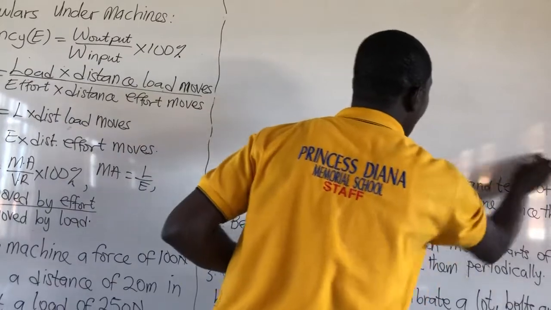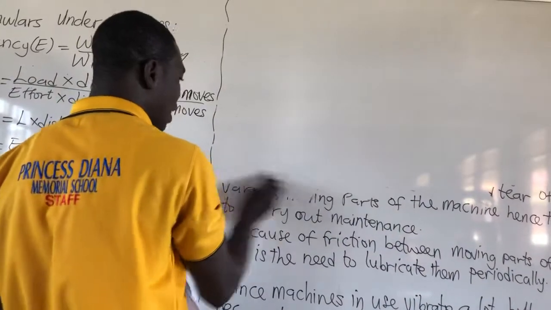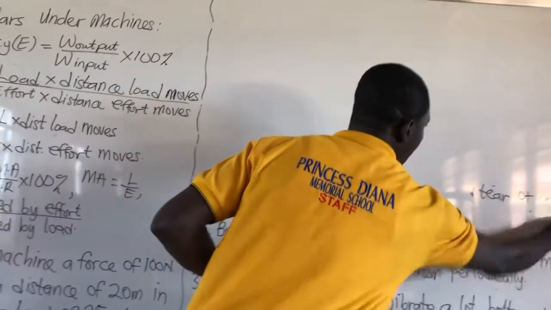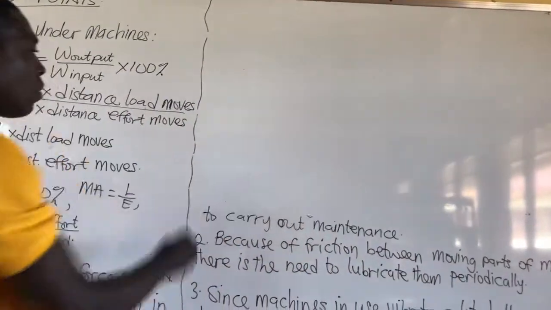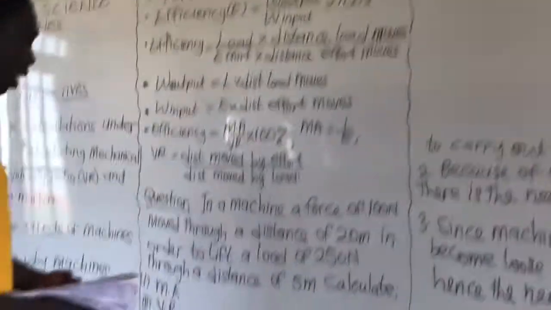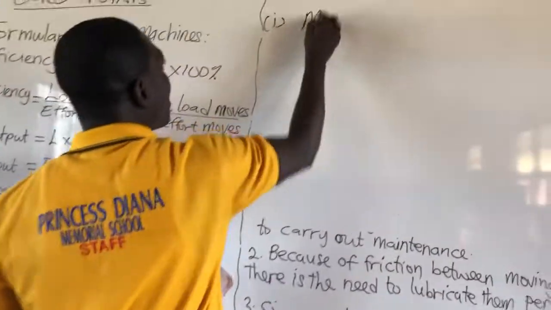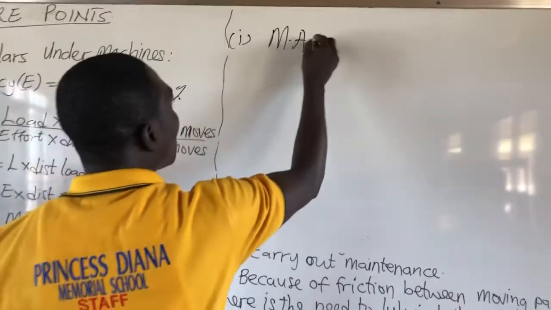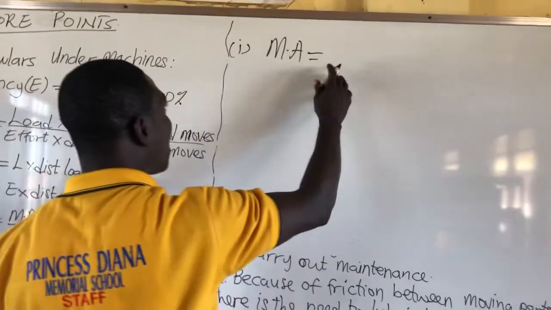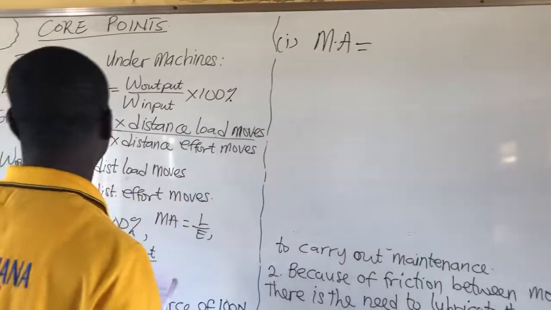Now, what are they looking for, or what is the examiner looking for in this particular question? One, the examiner is looking for mechanical advantage. That is MA in short. And in our previous lesson, I gave you the formula for calculating the mechanical advantage.